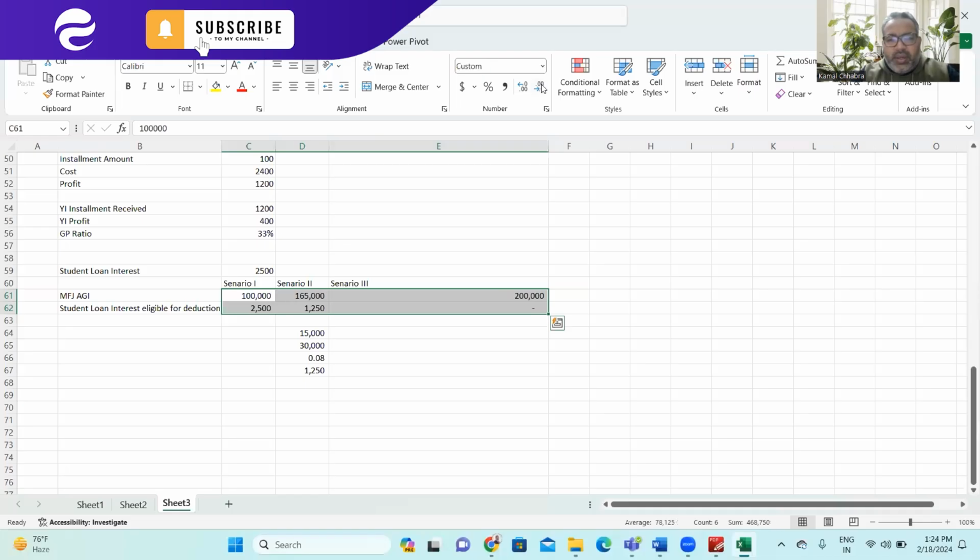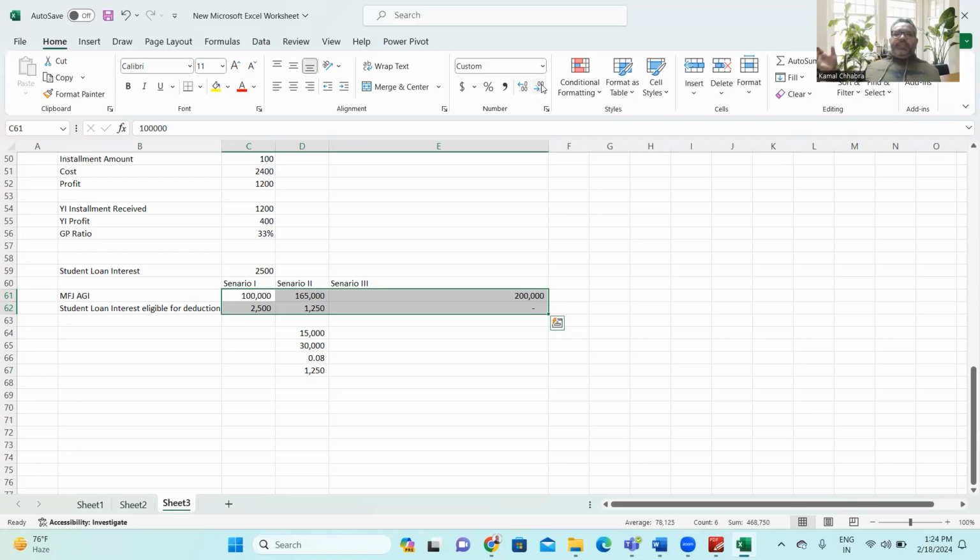You will definitely get a good number of questions on phase out limits, because this formula is uniformly applicable to all the phase out limits. First, you need to identify the phase out range, and second, you need to identify the total amount.